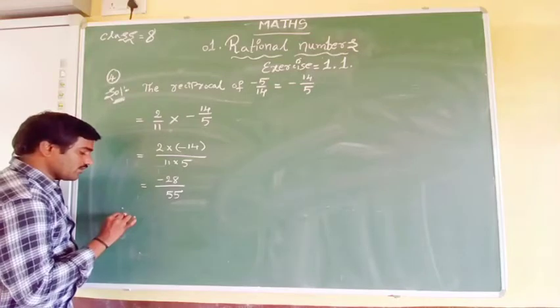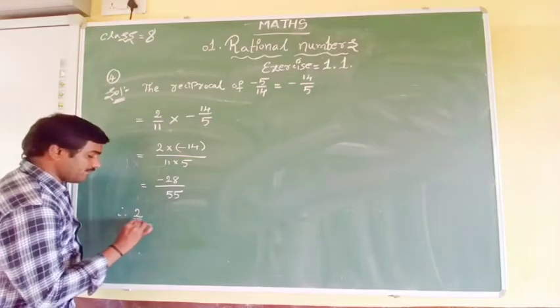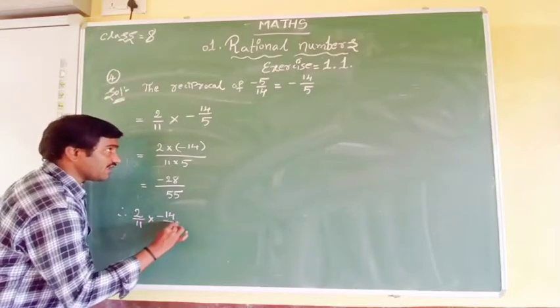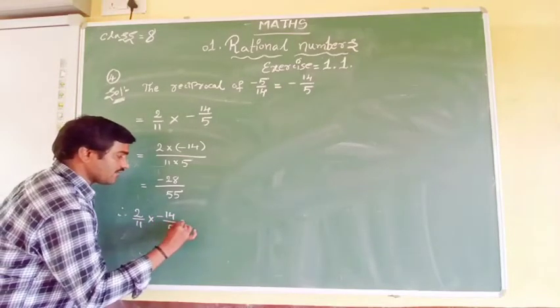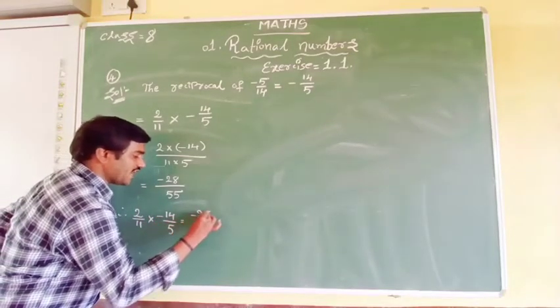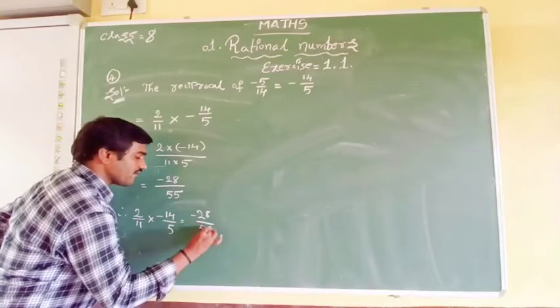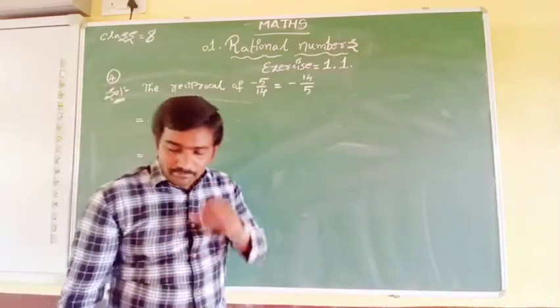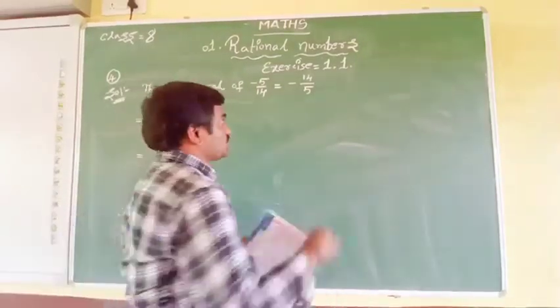Therefore, 2 by 11 into minus 14 by 5 equals minus 28 by 55.